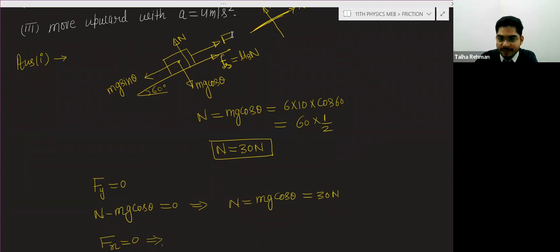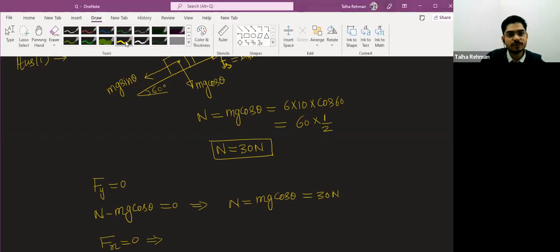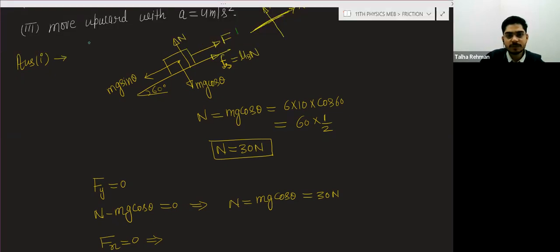Either you can take this side as positive, or you can take the forces in this direction as positive. I am taking this direction as positive. You can choose any direction, the answer will remain the same.